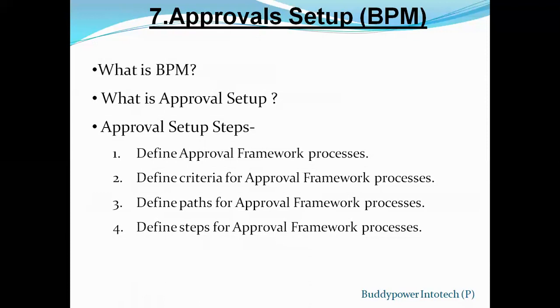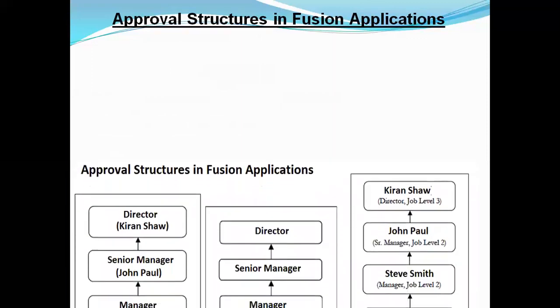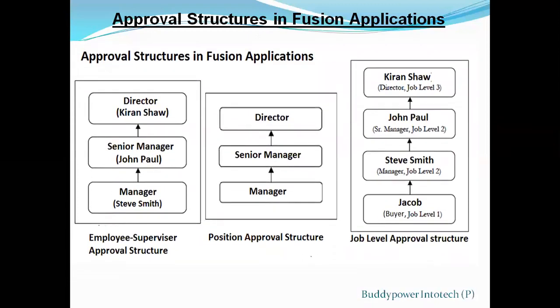So, depending on the positions and so on, here you can see the structure of how the approval setup is done. These are the different structures. See here in the employee supervisor approval structure, there is a director, the senior manager, and the manager. So we define the roles here and we give access and authorization to different roles. There is also the position approval structure, only for the position, and the job level approval structure, like a senior manager, the director.